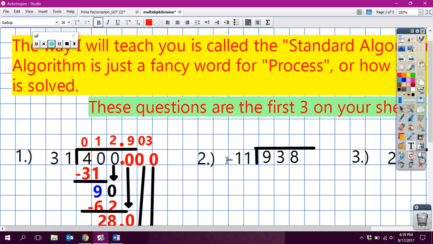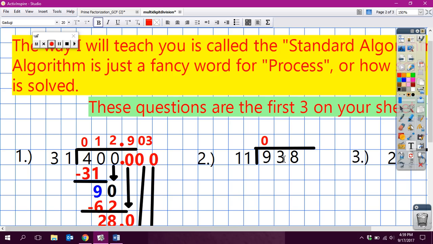All right, so for number 2, you've got 11 as your divisor and 938 as your dividend. First thing I need to do is say, can I fit a group of 11 into 9? The answer to that question is a big fat no. So what that means is that I'm going to have to keep going into this second digit's place. So can I fit a group of 11 into 93? Well, yeah, I can.